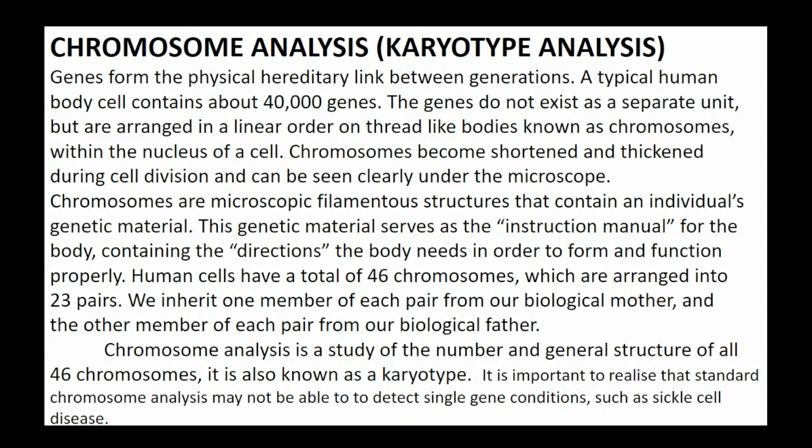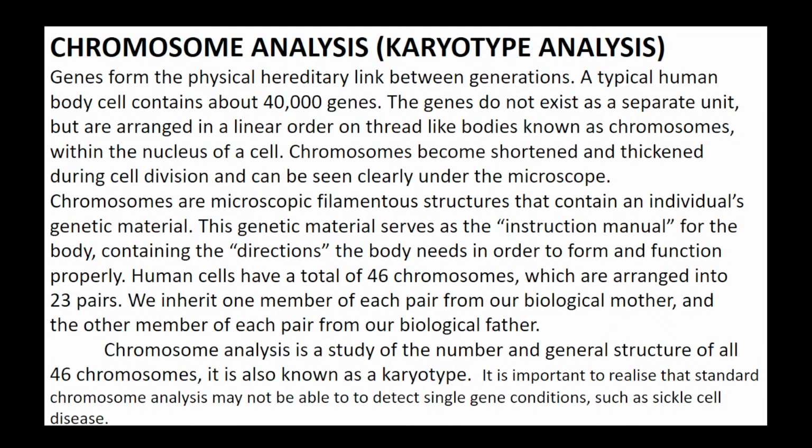Chromosome analysis or karyotype analysis is a study of the number and general structure of all 46 chromosomes, and it has the name karyotyping or karyotype analysis. So this method studies the number and structure of chromosomes.